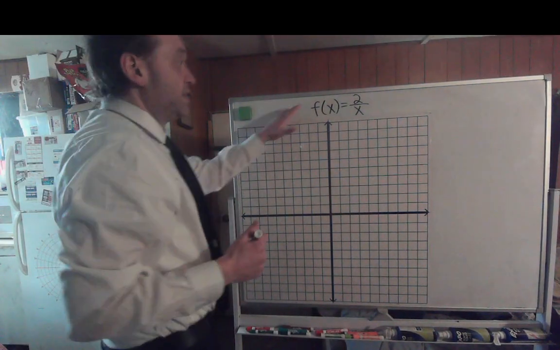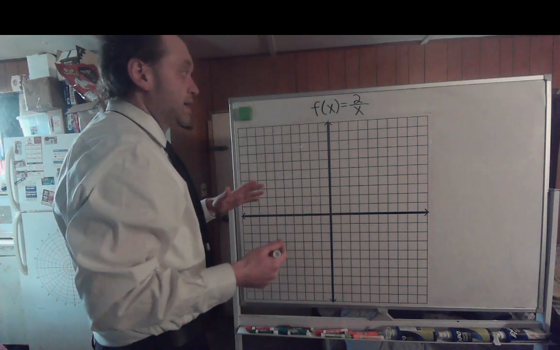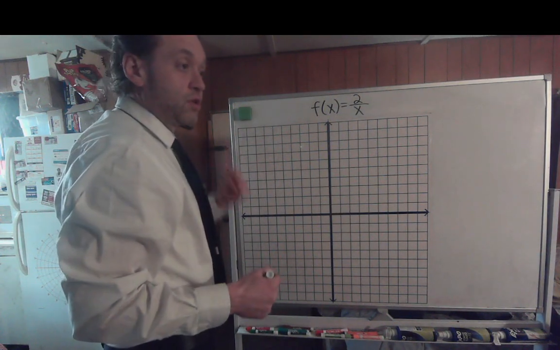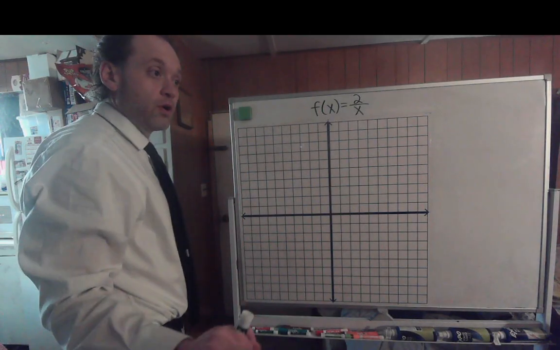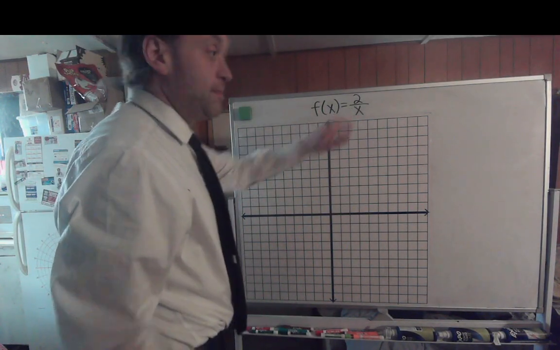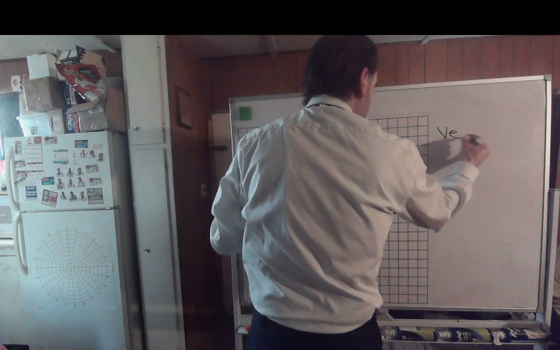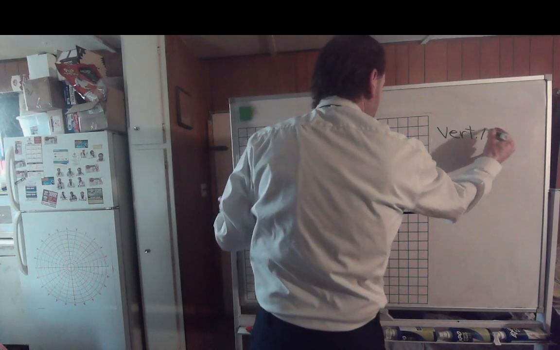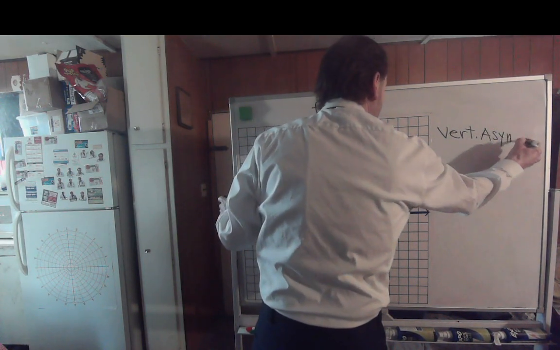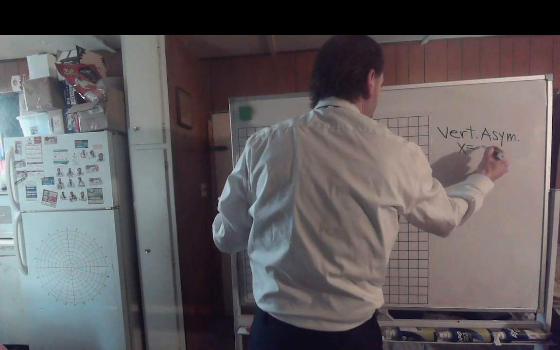So we have here f of x equals 2 divided by x. Well, first find your vertical asymptote. If we remember, that's when you take your denominator and set that equal to 0, which would just give you that x equals 0. So we have a vertical asymptote when x equals 0.